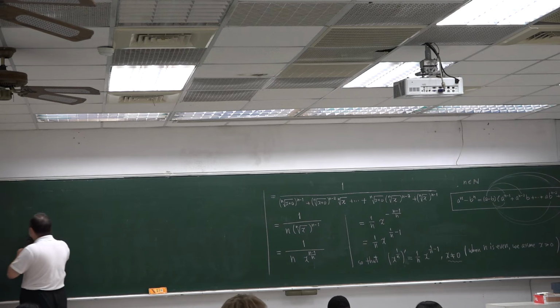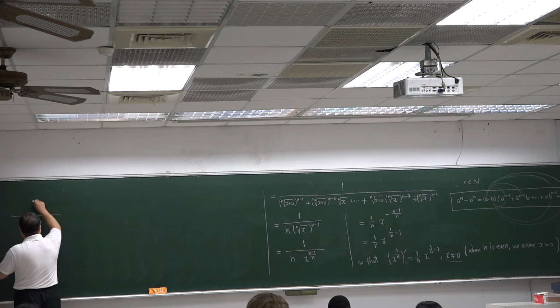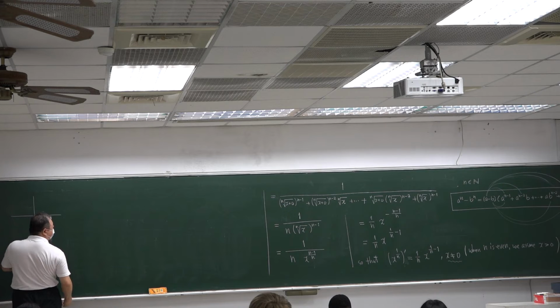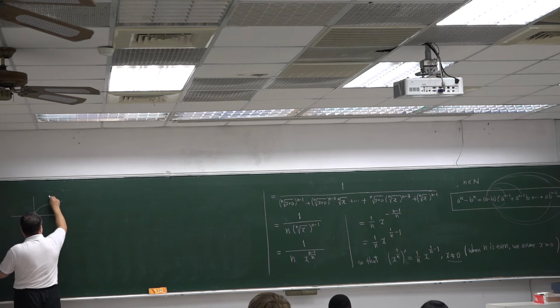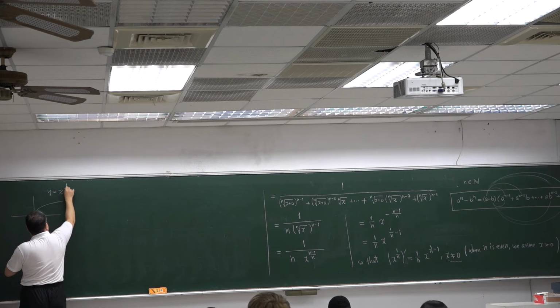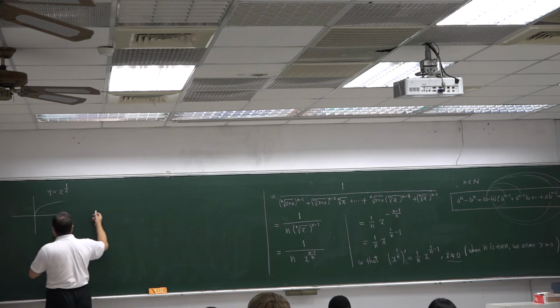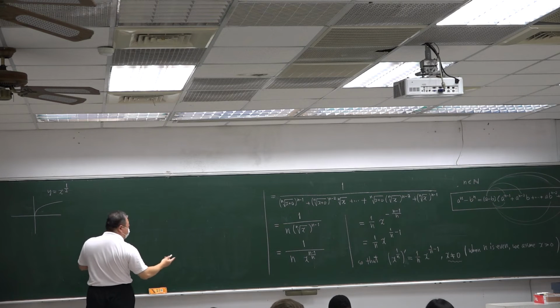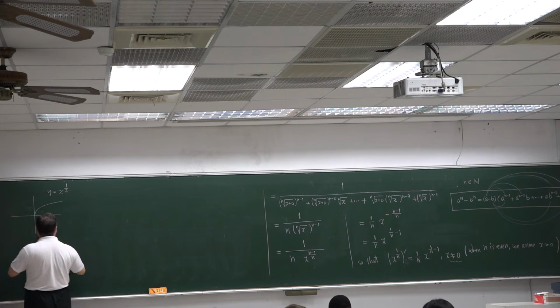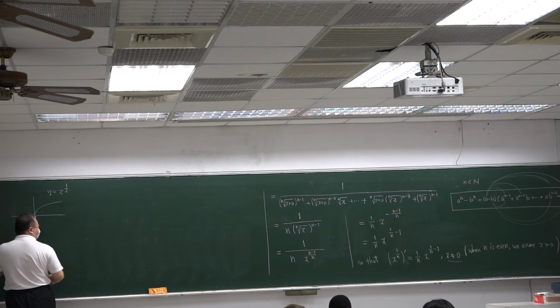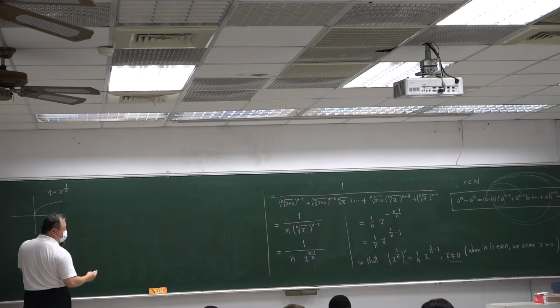Okay. If n is greater than 1, then if x is non-zero, its derivative exists at any positive number.